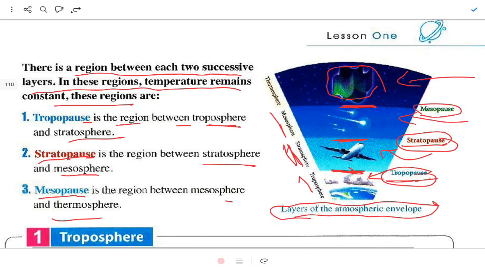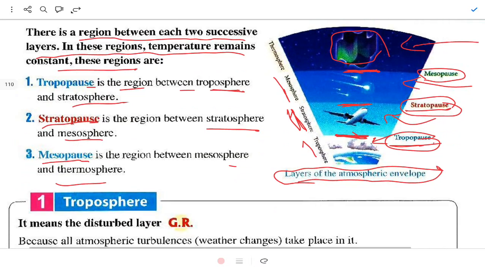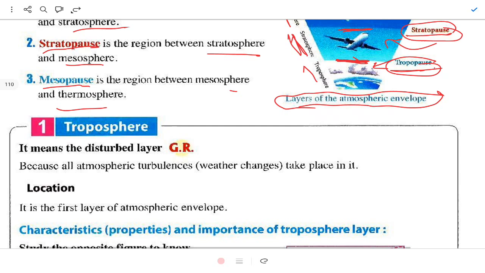And now let's go to the first layer of the atmospheric envelope layers. The first one is called troposphere. It means a disturbed layer, because all atmospheric turbulences or weather changes take place in it. So troposphere has all the weather changes, all the turbulences.